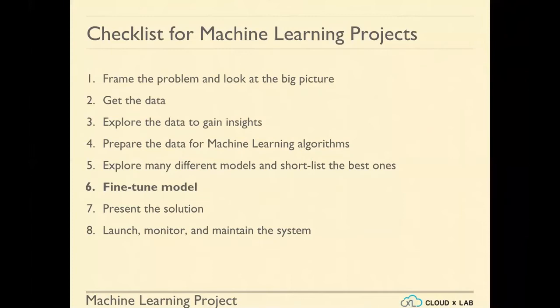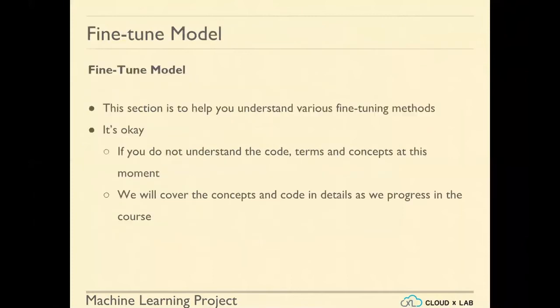So next is the fine tuning of the model. Once we have selected a model which is doing well, which is clearly the winner, what we do is we fine tune it.